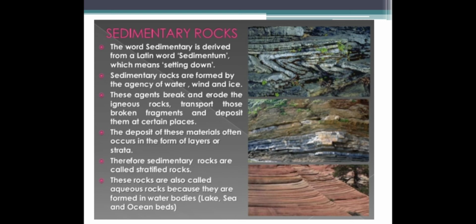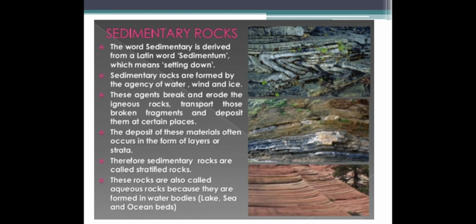These rocks are also called aqueous rocks because they are formed in water bodies like lake, sea, and ocean beds. As the name suggests, sedimentation means settling down. So the igneous rocks, with the rain, water, and rivers, break down and are deposited into the interiors of the water bodies. You can see the pictures. They are formed like strata, one above the other.